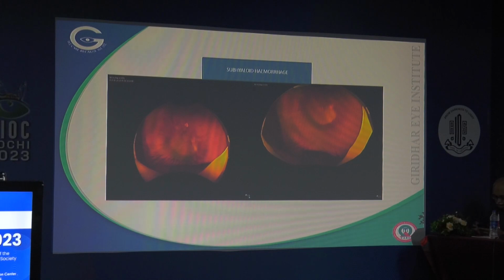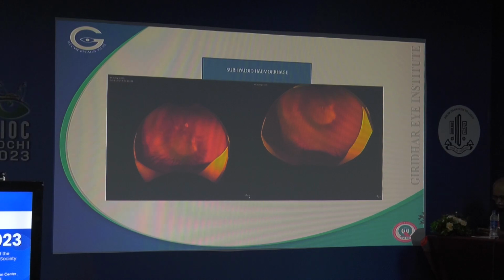The last complication which we notice in patients with diabetic retinopathy and cataract surgery is neovascular glaucoma. Unfortunately, I could not track any particular treated case from a hospital, but one should always remember that some of these patients with proliferative diabetic retinopathy who have dense cataract, you do a cataract surgery because VEGF levels increase after cataract surgery.